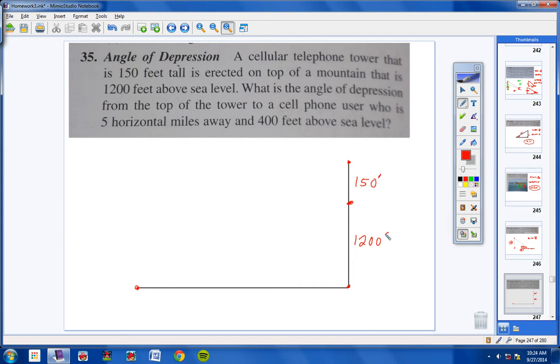Okay, there we go. Now, that's pretty simple, cut and dried students. Okay, it says you built the cell phone tower on a mountain that's 1,200 feet above sea level. So from here to here is 1,200 feet. Look at this like it's the mountain, 1,200 feet, and on top of the mountain is the tower, 150 feet tall.